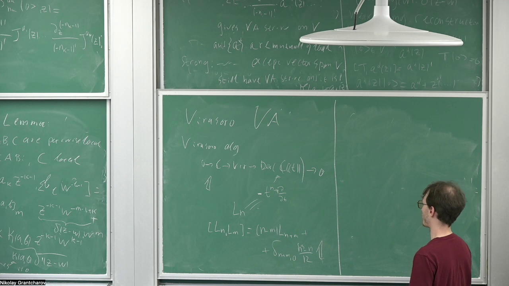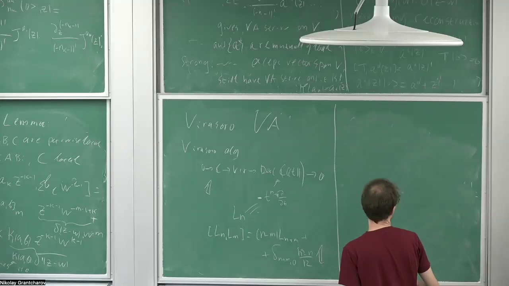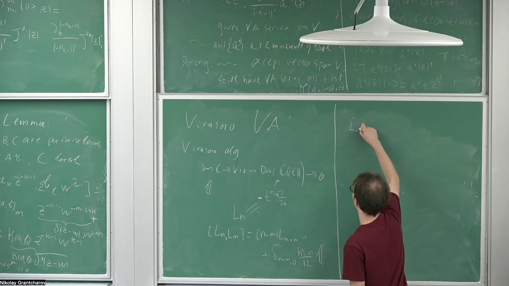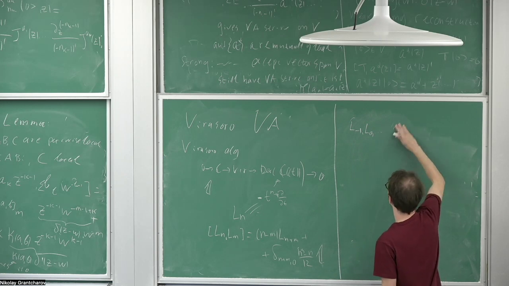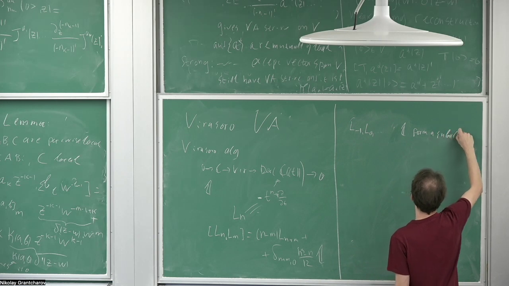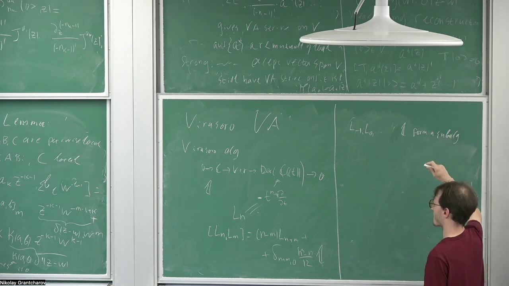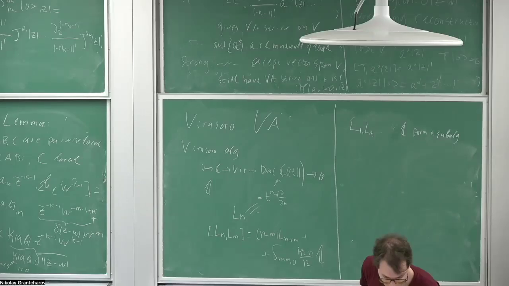So this one is here, and the vector space we start with is a bit different. So now L minus 1, L0, and so on form a subalgebra.